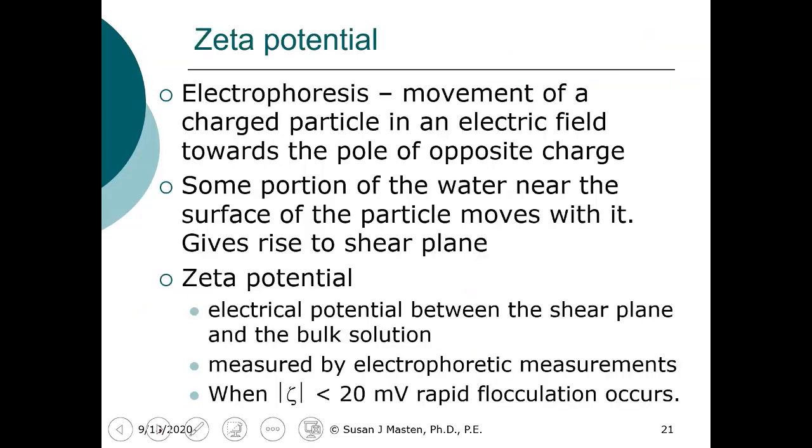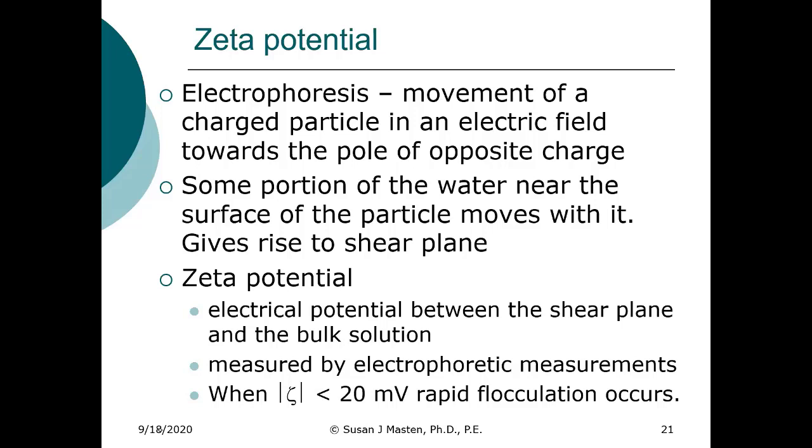Okay. I'm not going to talk a lot about zeta potential, but I want you to know that this exists. Basically, zeta potential is a way that we measure the movement of a charged particle in an electric field. So you take a water sample, you apply a charge, you measure the movement of that particle towards the pole of opposite charge.